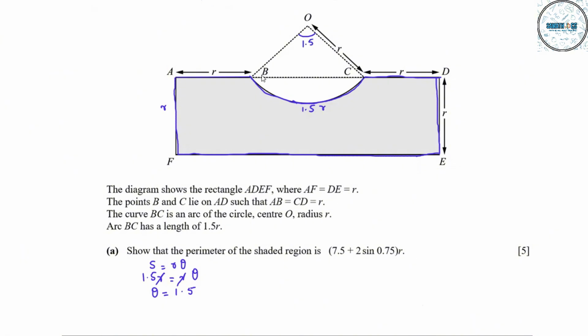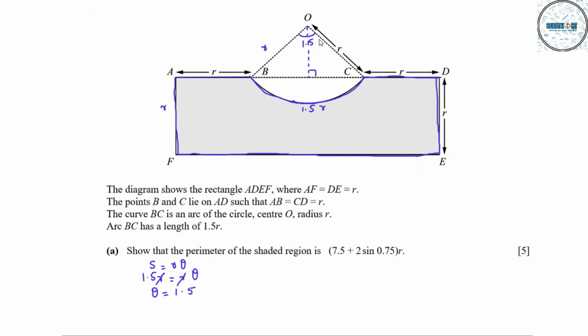Now we have to take out this length. As we know, this is an isosceles triangle because if this is R, this is also R. We can drop a perpendicular from here, which will divide this into two right angle triangles. Here is a right angle triangle.